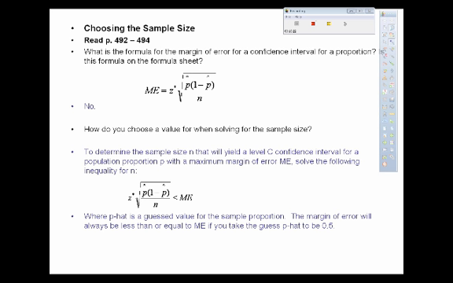So here is our inequality. We want the margin of error to be less than or equal to ME, where p hat is a guessed value for the sample proportion. The margin of error will always be less than or equal to ME if you take the guess p hat to be 0.5. So we usually use p hat as 0.5.